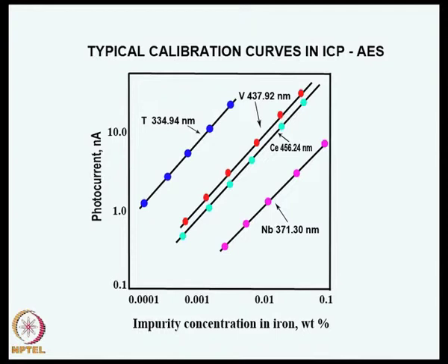And you can see that the concentrations are always plotted from 0.0001 to 0.1% weight percent. Impurity concentration is also in the same range. You can see that the order is approximately 10 raised to 4 in this case.